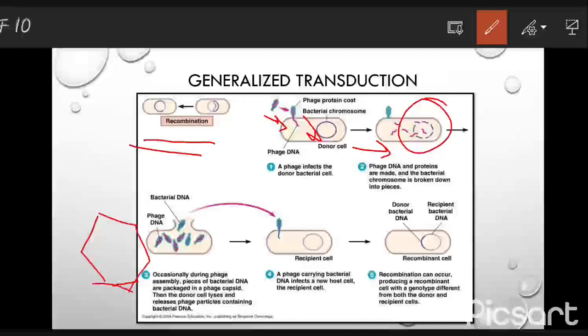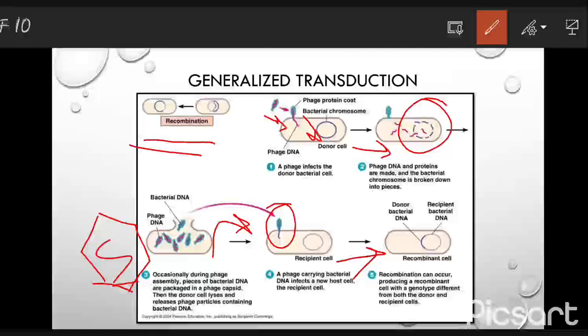Okay, then the donor cell lyses and releases phage particles containing bacterial DNA. Then this phage having bacterial DNA infects a new host cell, that means the recipient cell, and thus recombination takes place, in which donor bacterial DNA and recipient bacterial DNA get combined.